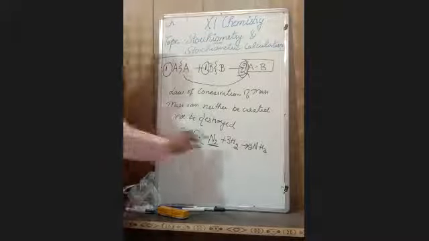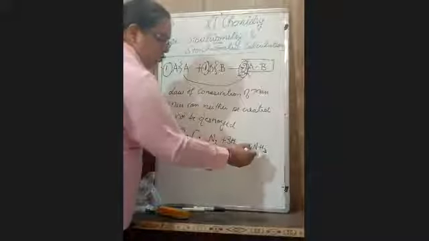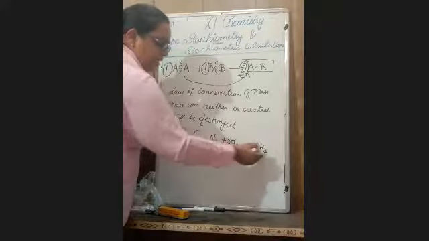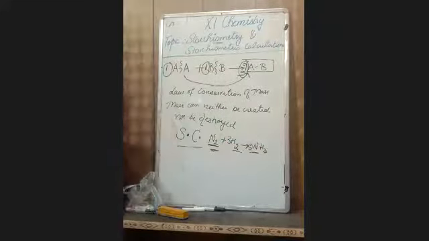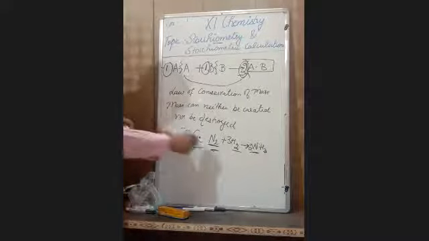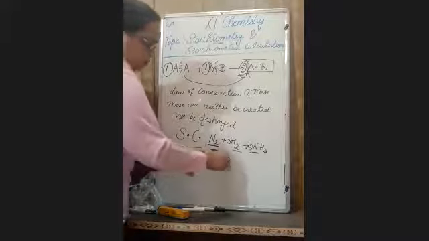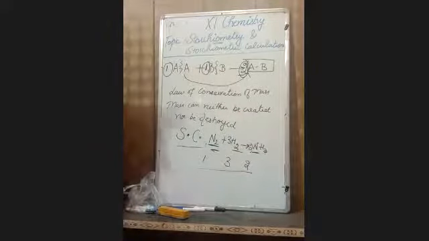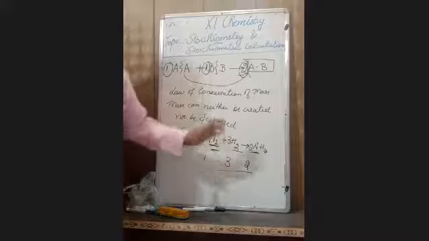If you see the atoms on both sides, 2 nitrogen, 2 nitrogen, 6 hydrogen, 6 hydrogen. Now, if I say write the stoichiometric coefficients for this reaction, it will be 1, 3, 2. These are the stoichiometric coefficients for this particular reaction.